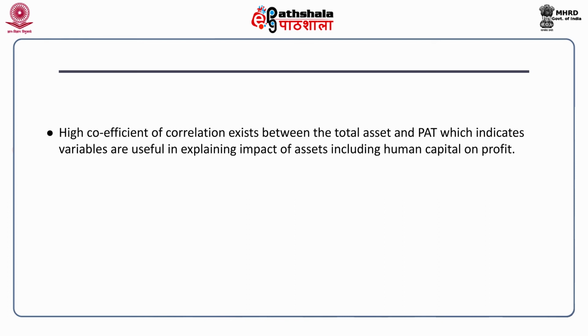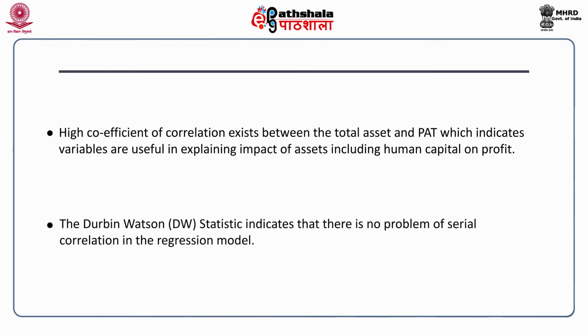A high coefficient of correlation exists between the total assets and PAT, which concludes that the variables are useful in explaining the impact of assets, including the human capital, on profit. The Durbin-Watson statistic indicates that there is no problem of serial correlation in the regression model that was shown in the previous slide.